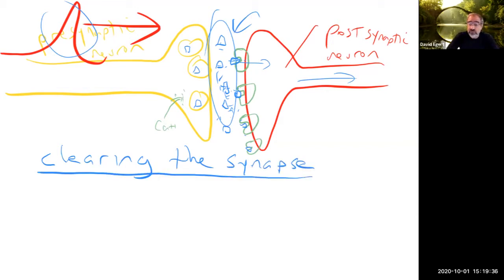How is it, after one of these synaptic events where we release neurotransmitter into the cleft, and there's a message that's received on the postsynaptic dendrite or soma, how is it that this neurotransmitter is cleared out so the message stops and we're ready for the next signal?